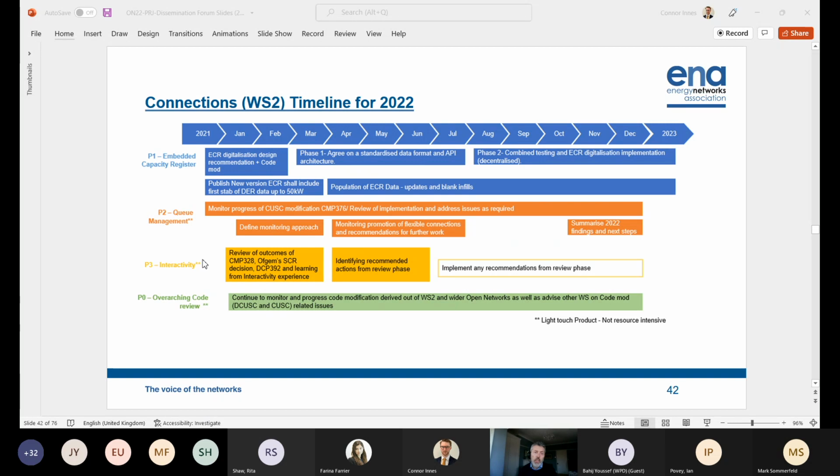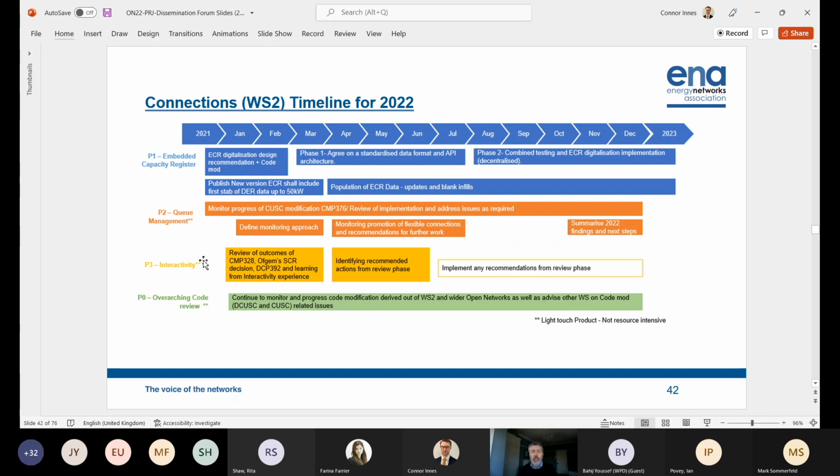You see there in the orange the queue management. We start to get some wonderful code references here. So there's that big orange band there which talks about the custom modification CMP 376, and this is really about, in the transmission world, the ESO looking to create through a custom modification the right to terminate contracts with people with connections whose projects are not progressing in line with the milestones that have been set out.